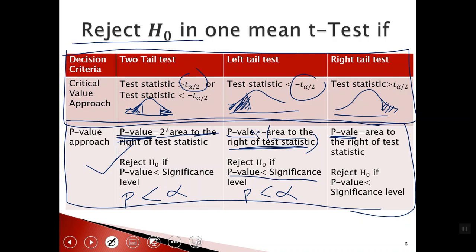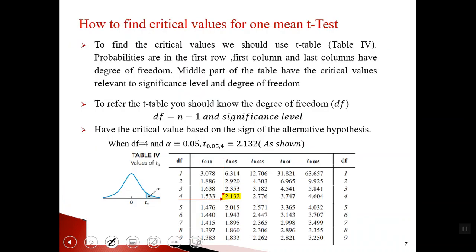Area to the right of the test statistic. Reject H naught if p-value is less than our alpha. Same technique we used in chapter 9.4.